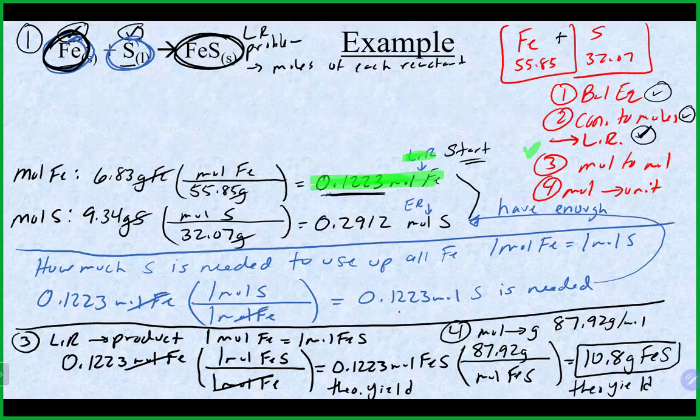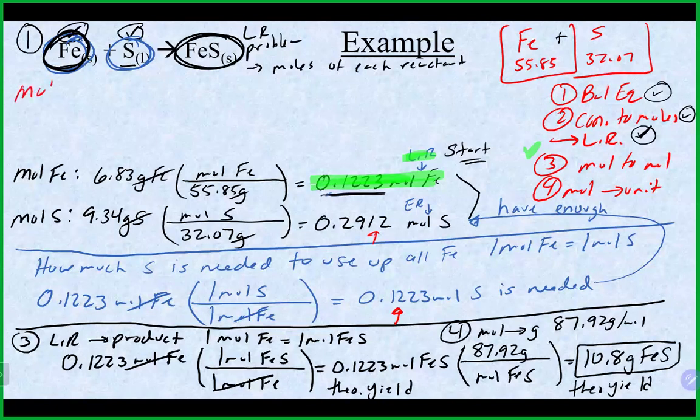And that is what we did here. We basically figured out, since we chose kind of luckily here, that we needed 0.1223 moles of sulfur. We had 0.29 moles of sulfur to start with.